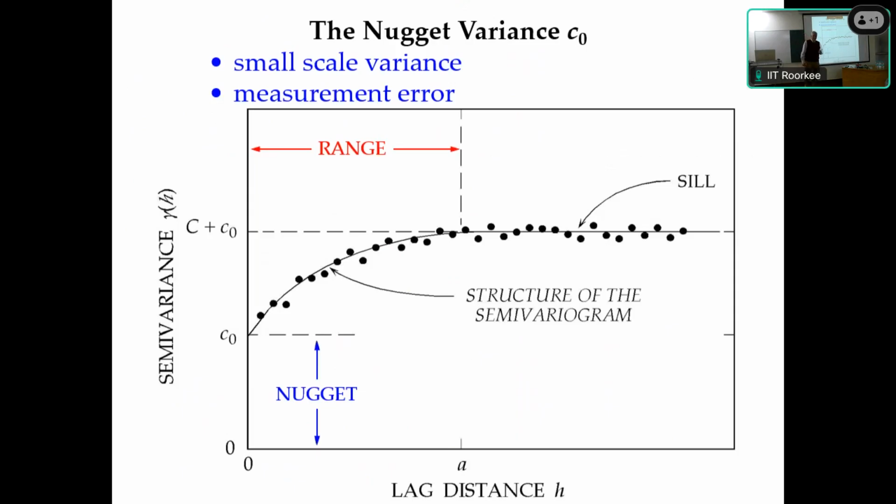And later today, when we come to nested models, we will see that we can even use several structures on top. Sometimes for appropriate variogram fitting, a simple spherical model like this one would not be enough. We need to have a second structure on top of it, so we can add to this a Gaussian component. And then we have something like this going up here. I want to tell you up front why that is necessary.